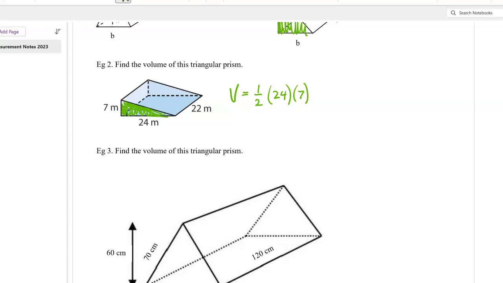And I'm going to multiply that by 22. That's how far it travels. Okay, so let's quickly do this. 12 times 7 times 22 gives me a volume of 1,848 meters cubed.